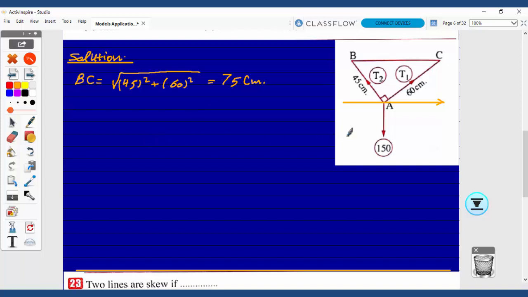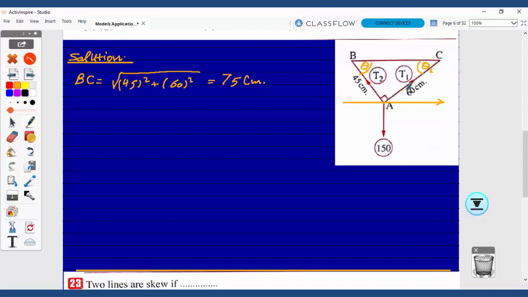Okay, consider the measure of angle C equals theta 2, and the measure of angle B equals theta 1.